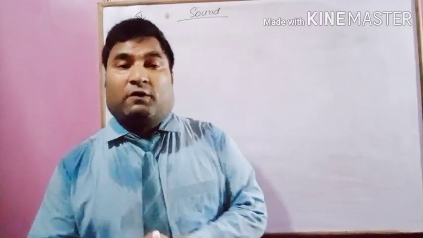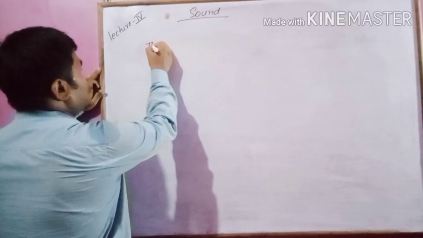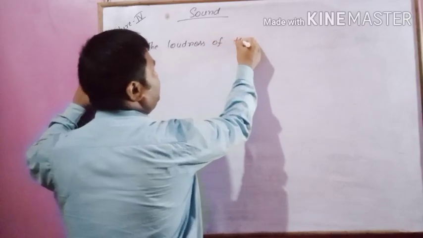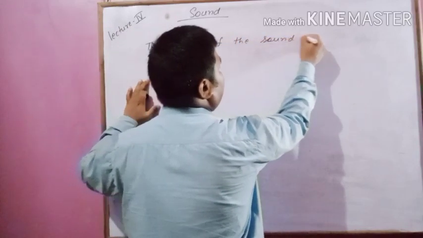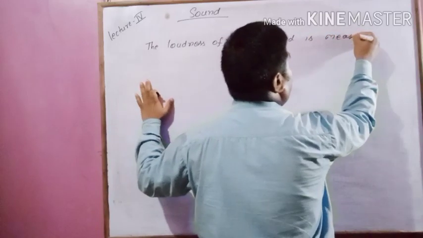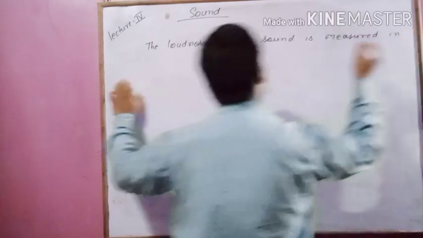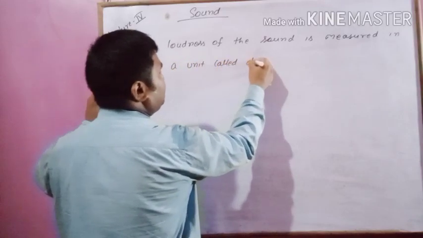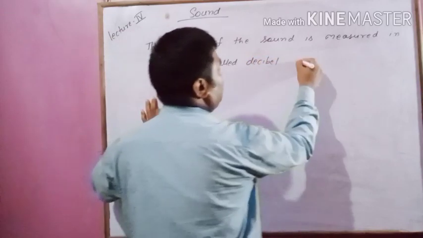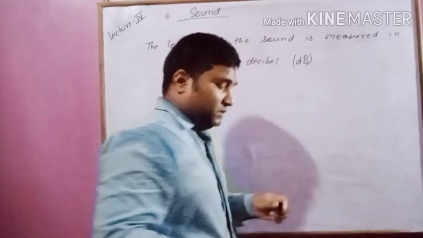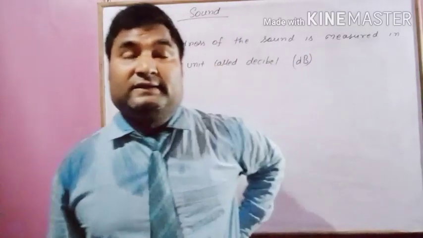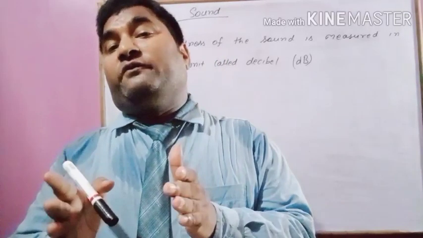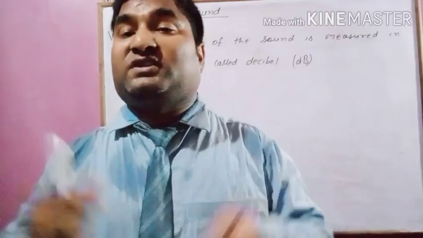The loudness of the sound is measured in a unit called decibel, or dB. The sound which is of very low decibel is not heard by us.